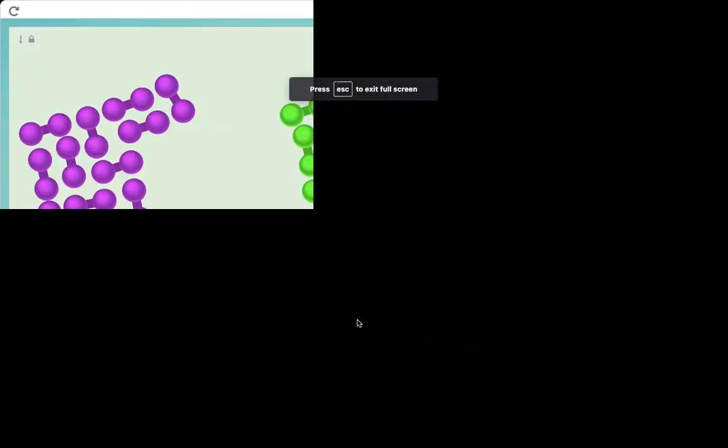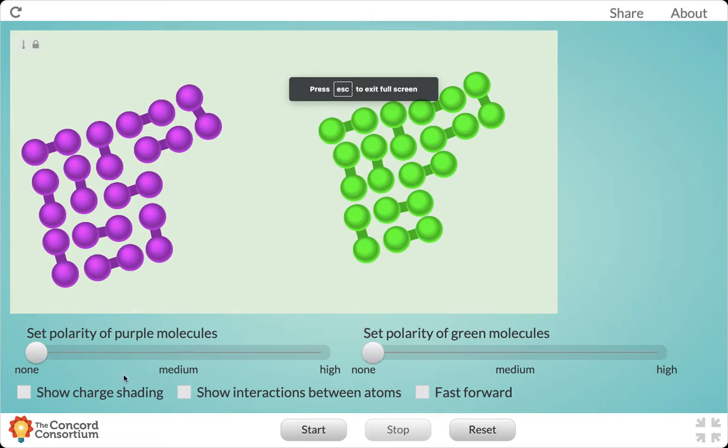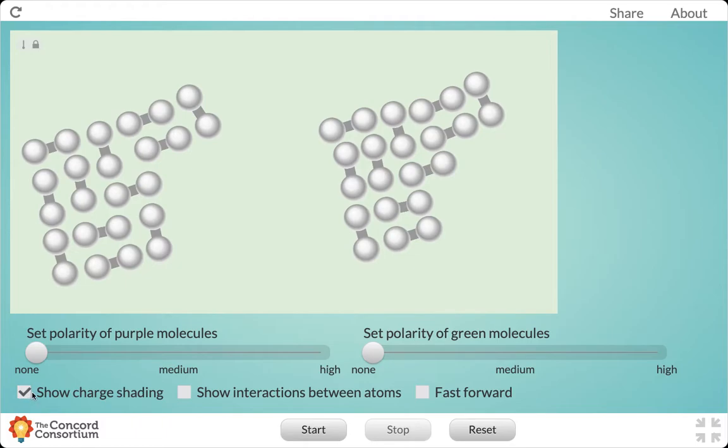Now polarity has to do with when there is a charge difference between one side of a molecule and another side. So on the left here, I've got a bunch of molecules and I have turned up the polarity to very high. These ones on the right that are gray, they have no polarity.